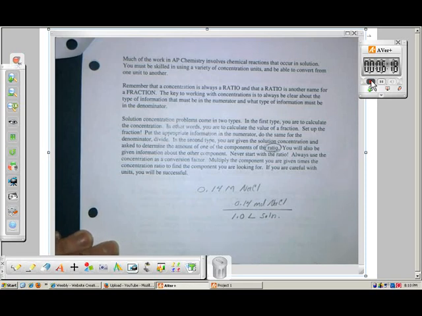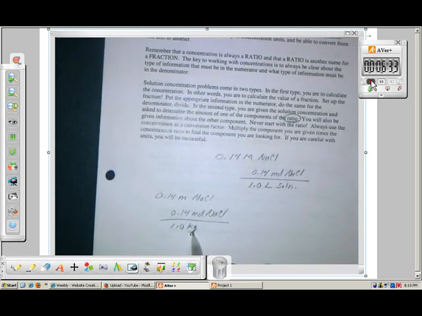Whereas if it would be a 0.14 molal sodium chloride solution, this would be 0.14 moles of NaCl per 1 kilogram of solvent. And unless otherwise told, we assume that our solvent is water. So it's understanding what the concentration expressions are, how they can be expanded to be conversion factors in our problem solving.